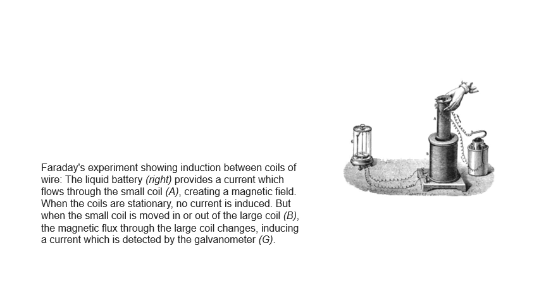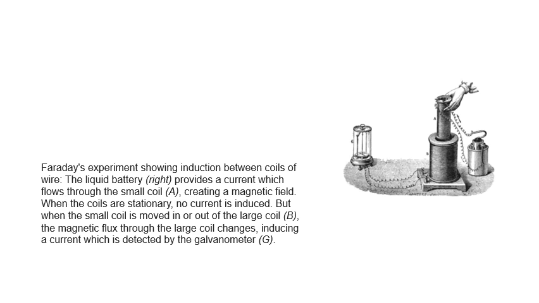When the coils are stationary, no current is induced. But when the small coil is moved in or out of the large coil, the magnetic flux through the large coil changes, and this induces a current. This current is detected by a galvanometer.